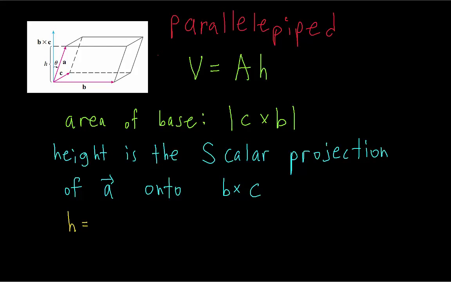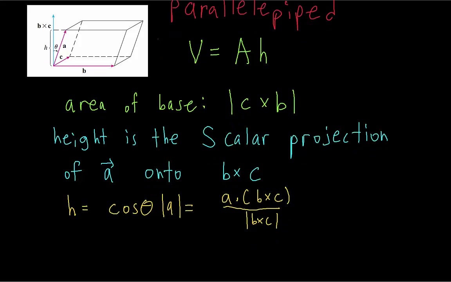And so the height of this shape is the cosine of that theta, where theta is the angle between A and the cross product, times the magnitude of A. And remember a formula for scalar projections, which you just get from the dot product formula. This is the same thing as A dot the cross product, divided by the magnitude of the cross product.